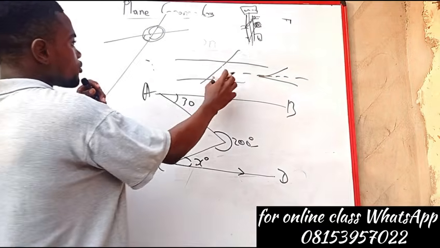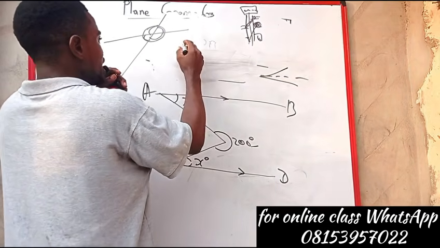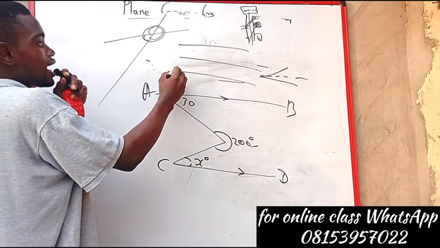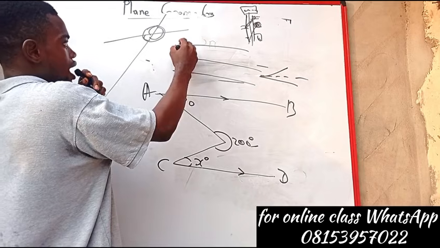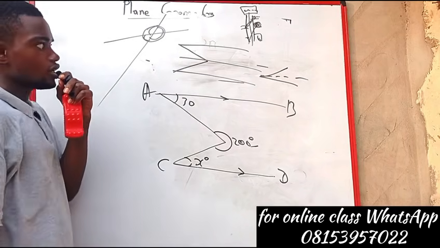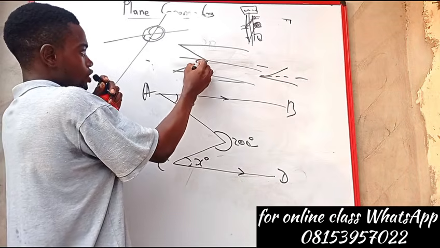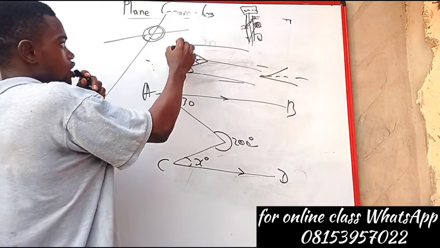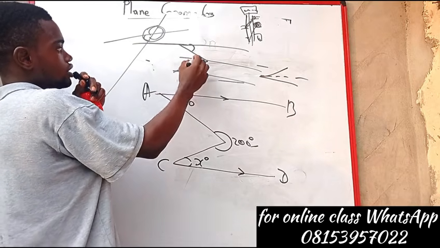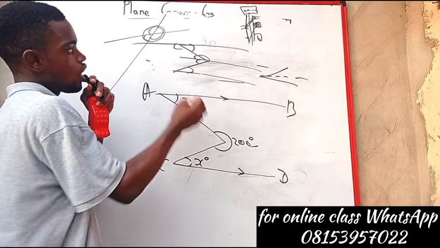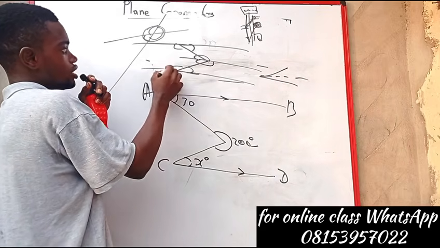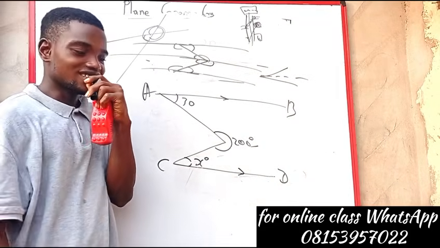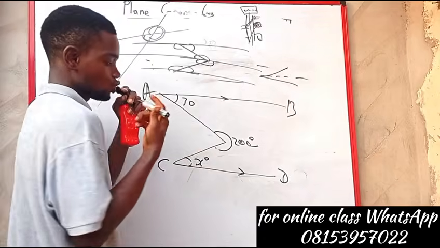So that if I have something in this form, and then I have something here, you find out that I have my alternating angle here, and also have my alternating angle here. Continue drawing this line. Have you got the gist? If you have not, let's go back to this question.